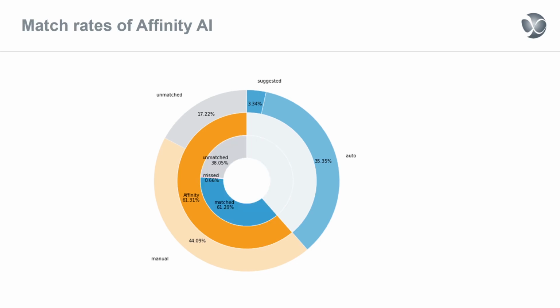So what have we achieved with Affinity AI? From the outstanding manual or unmatched data that we were presented with in this POC, we have matched 61% automatically. We had only a minor missed rate of 0.66%, and we had left 38% unmatched.